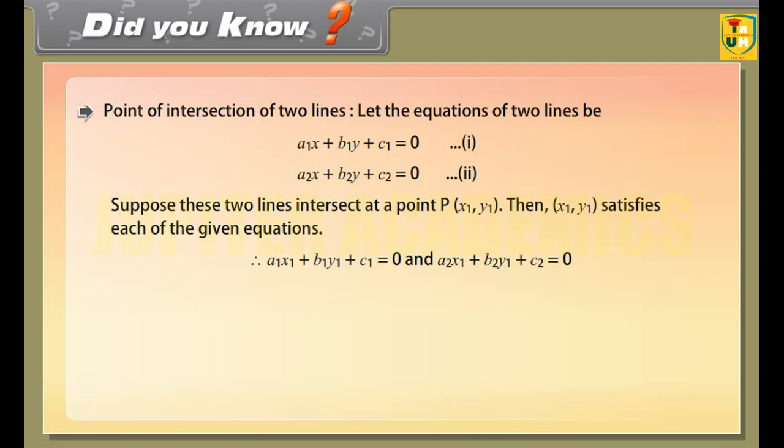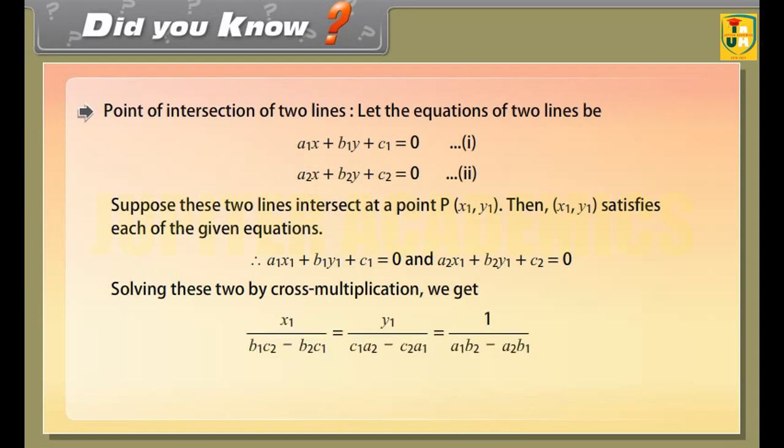Solving these two by cross multiplication, we get x1 by b1 c2 minus b2 c1 is equal to y1 by c1 a2 minus c2 a1 is equal to 1 by a1 b2 minus a2 b1. It implies x1 is equal to b1 c2 minus b2 c1 by a1 b2 minus a2 b1, and y1 is equal to c1 a2 minus c2 a1 by a1 b2 minus a2 b1.